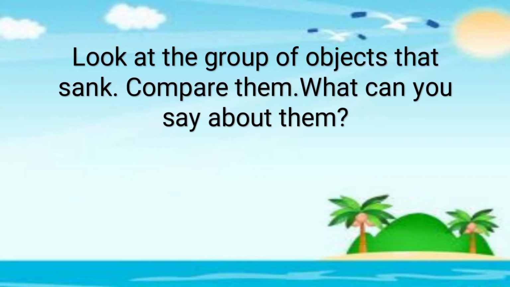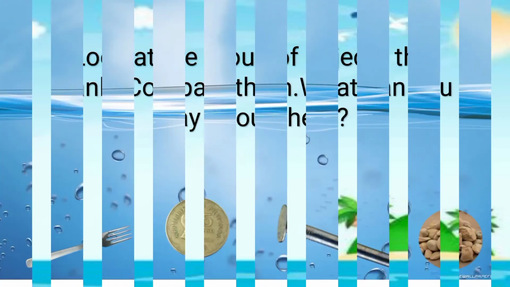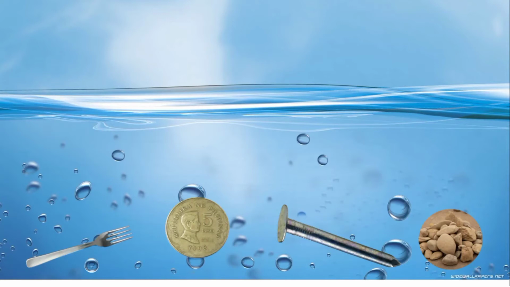I want you to look at the group of objects that sank. Compare them. What can you say about them? So here they are. Yes, they are made of metal and are heavy in weight. So they sank.